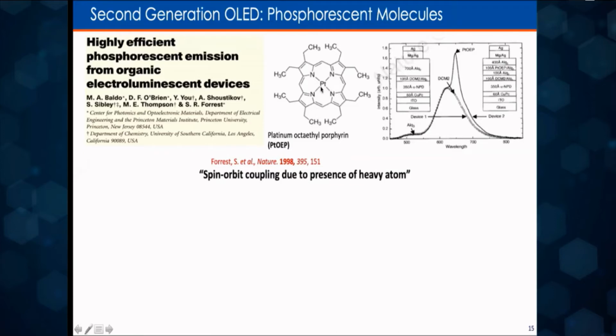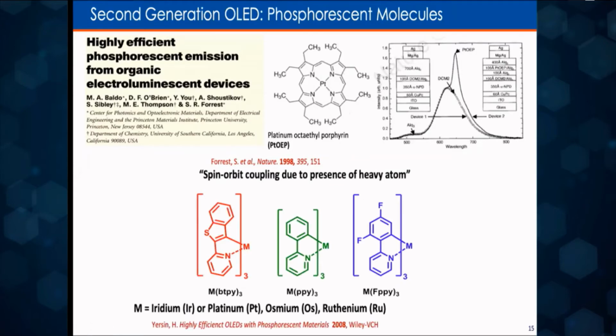They used platinum-based systems and made use of spin orbit coupling. The heavier the element, the larger the Z value, and by the presence of this heavy atom, they could use the triplet. So eventually they used iridium-based, platinum, osmium, and ruthenium-based systems, making use of spin orbit coupling to harvest the triplet.